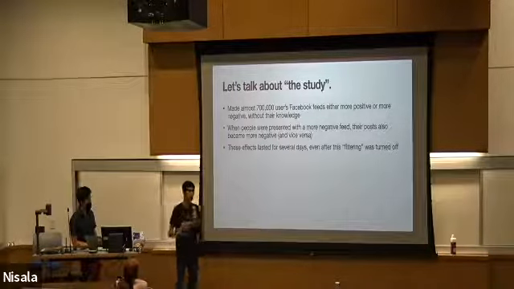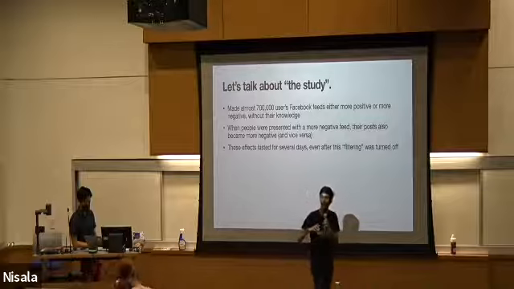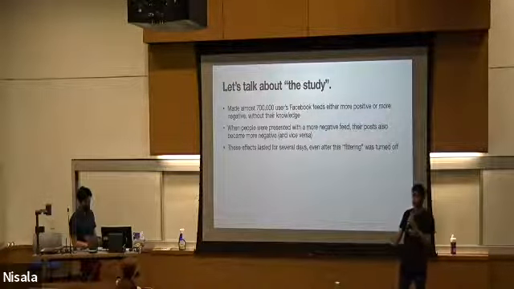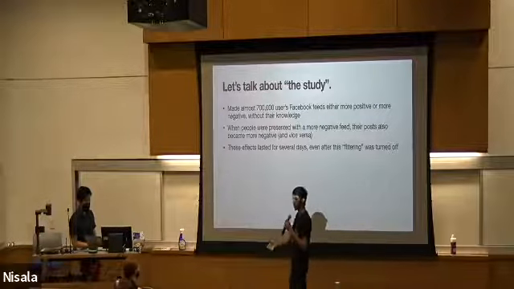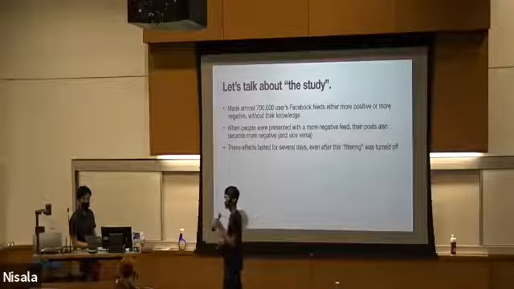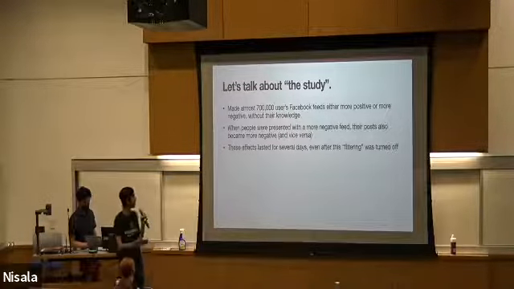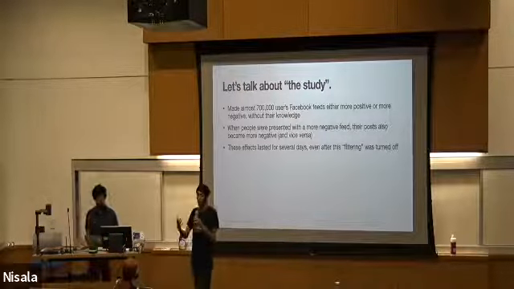So they made certain people's feeds, let's say 500,000 people's feeds, more positive by increasing posts with positive keywords. And then they made the other half more negative by emphasizing posts that had more negative keywords. They did this without telling users, so it's a blind study. And what happened was when people were given a more positive feed, right?